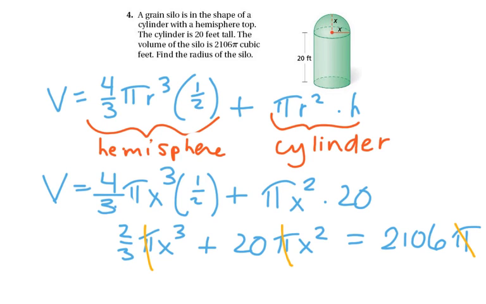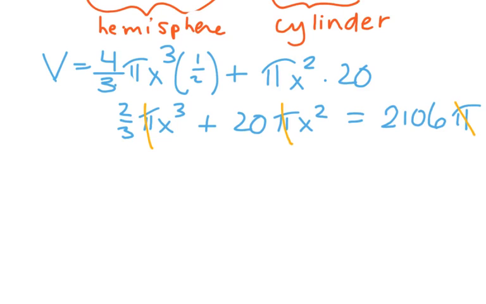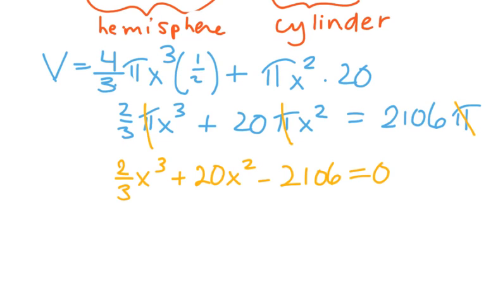We're really dividing all the terms by pi. Then we end up with 2/3 x cubed plus 20 x squared minus 2,106 equals 0.